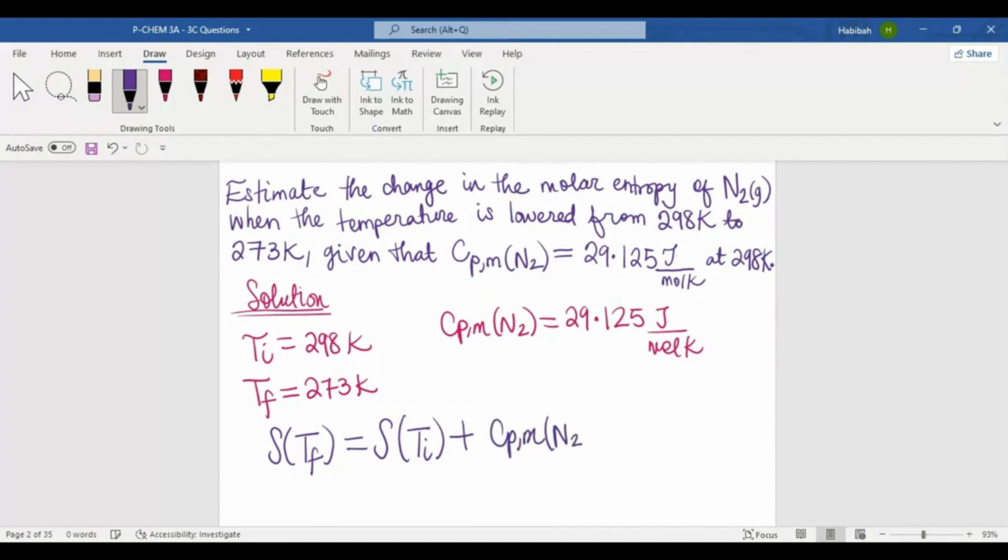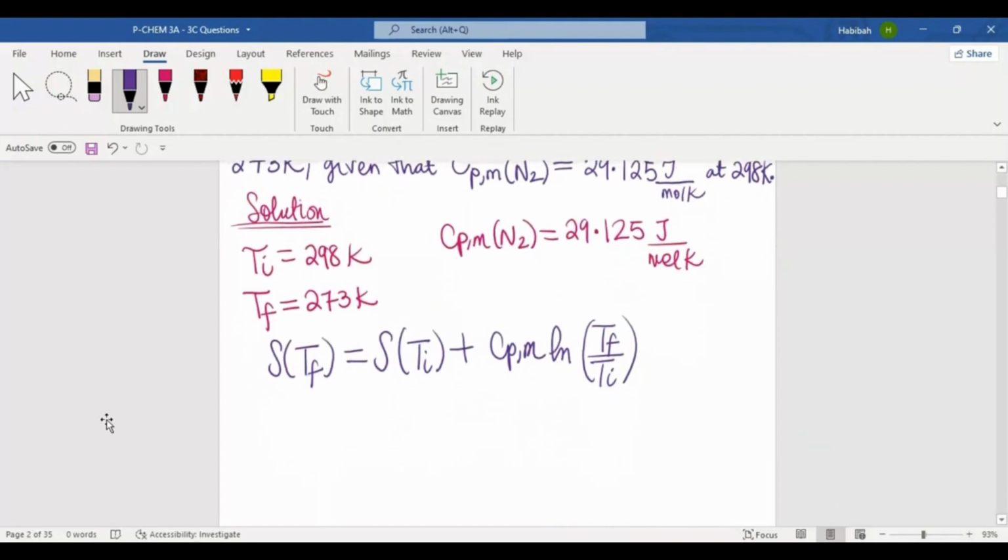I'm just going to give you the general formula and then we can make it specific to this question. So ln T final divided by T initial. So you can see this is just the general equation. We have the T initial, we have the T final, we have the molar heat capacity at constant pressure for this question. So that means we can substitute.